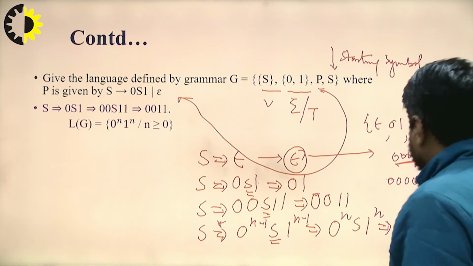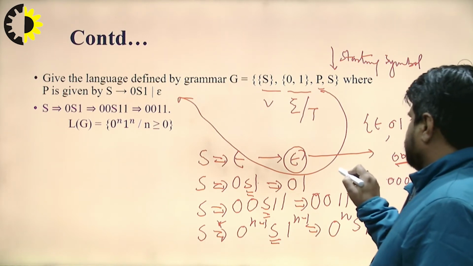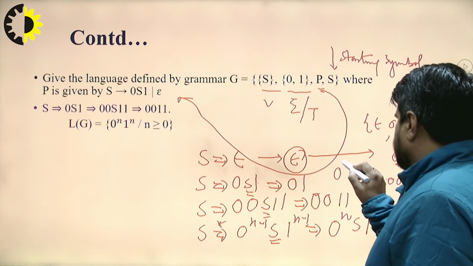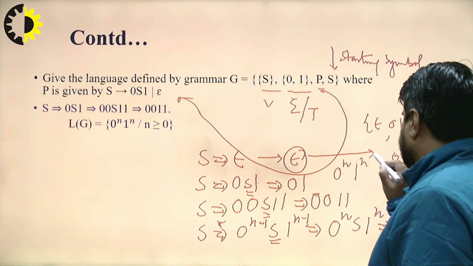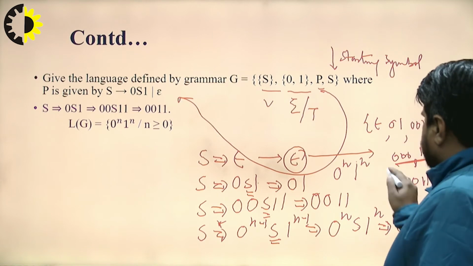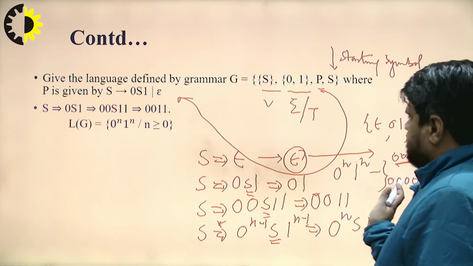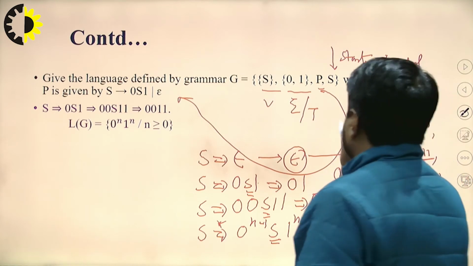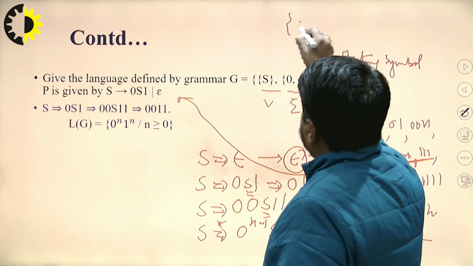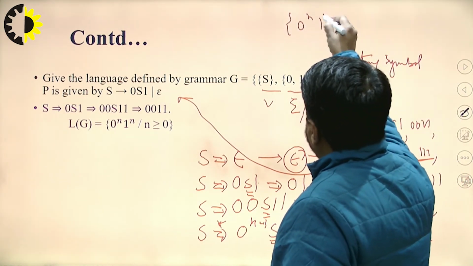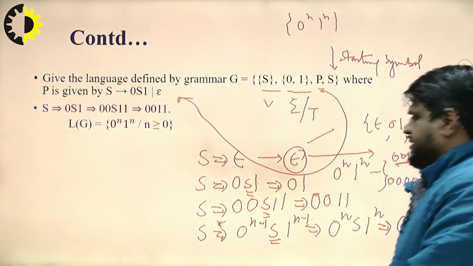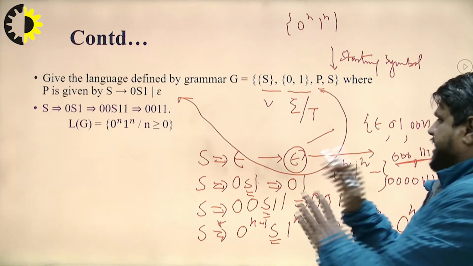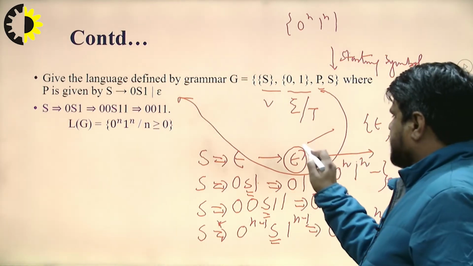If this process continues, you will get at last 0 0 0 n times, so 0 power n and 1 power n. If you want to write it in the set property method, you can write it in this manner: 0 power n, 1 power n, where n is greater than or equal to 0. The minimum string is epsilon.